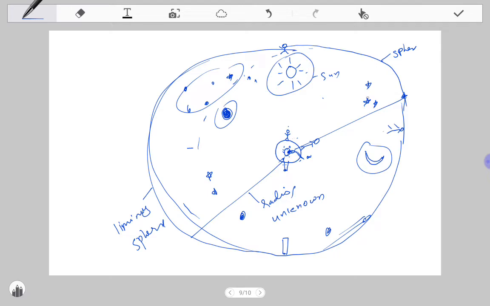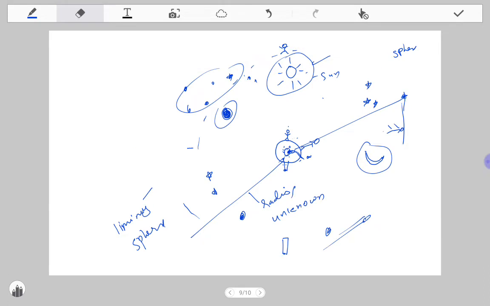In this sphere all the sun, moon, stars, all the objects are considered to occupy it. So this sphere is called the celestial sphere.